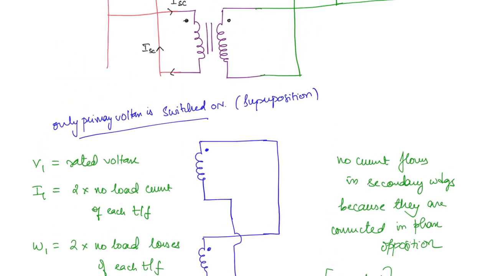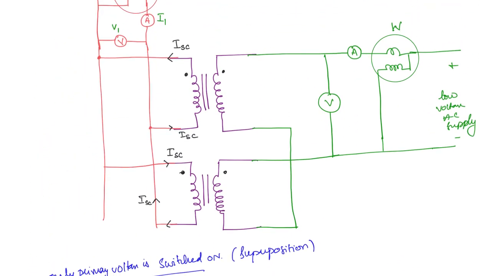Now what will be the meter readings? Since it is a short circuit test, we need rated current. So this voltage will be equal to that value which will be able to drive the rated current. Now what will be the voltmeter reading? This will be equal to 2 times the voltage required for each transformer.